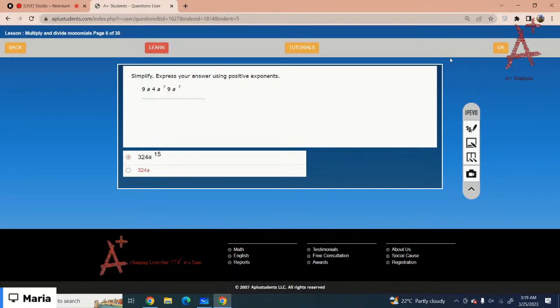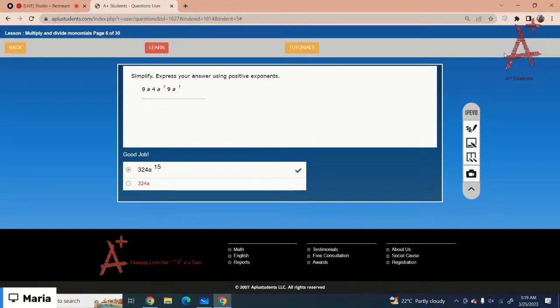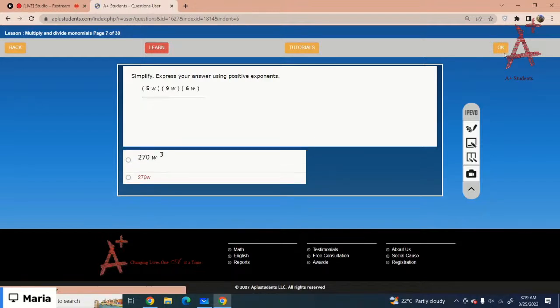So it would be 324 a15. Okay, simplify. Express your answer using positive exponents. So which is the correct option?